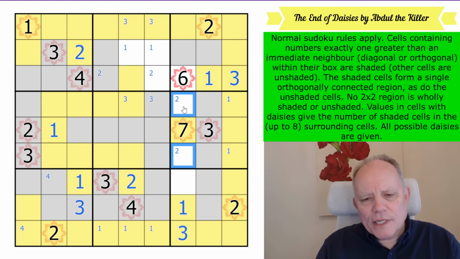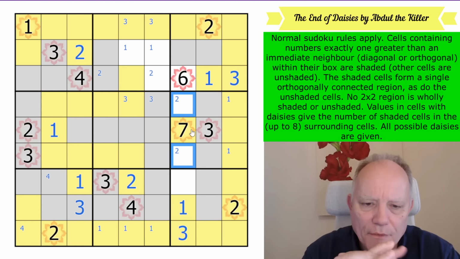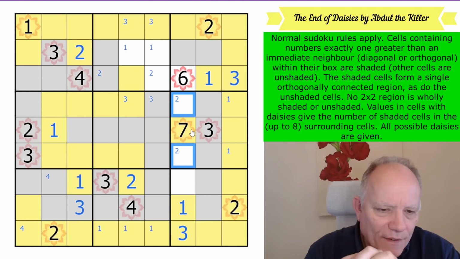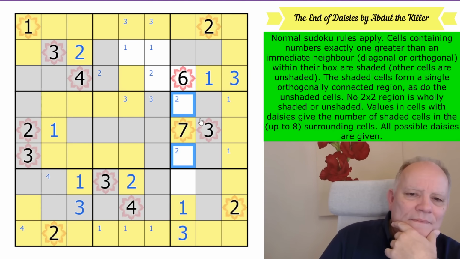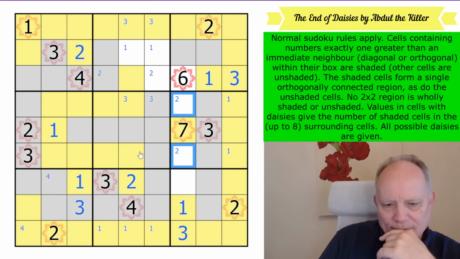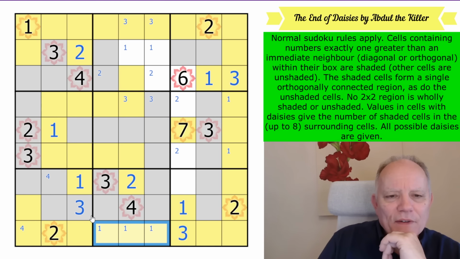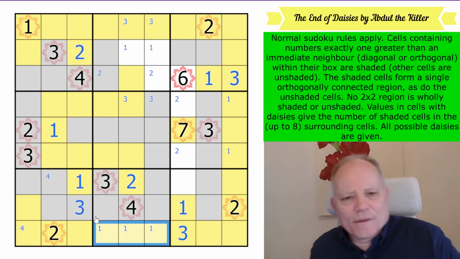So the 2 is yellow and the other digit here is grey. That probably doesn't help me identify where the 2 is. Oh dear. 3, 2. Yeah, I don't know how to do the numbers in this puzzle. That's becoming suddenly very clear to me. I don't know how to do them.